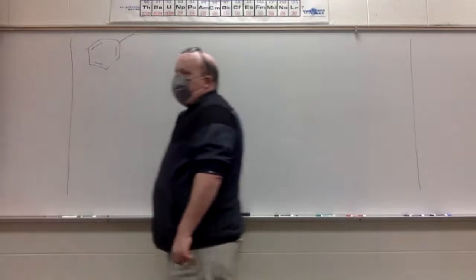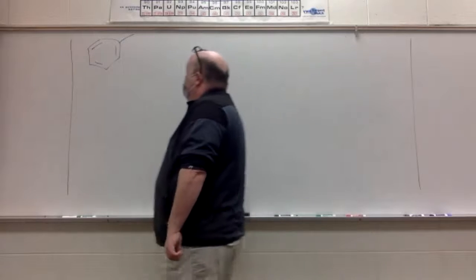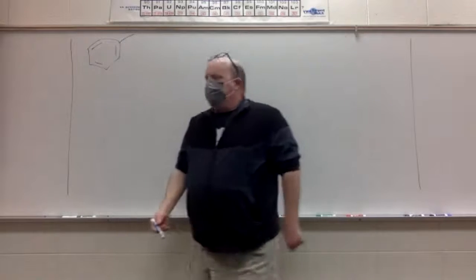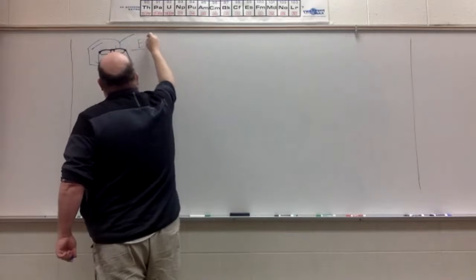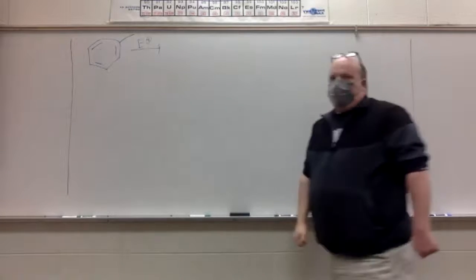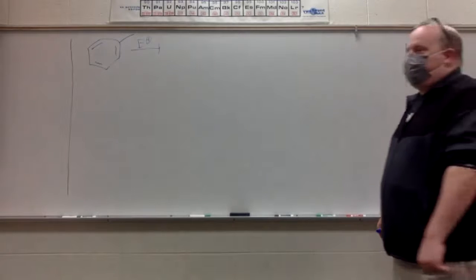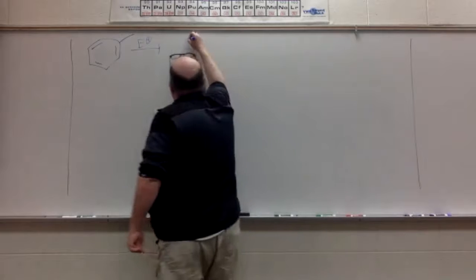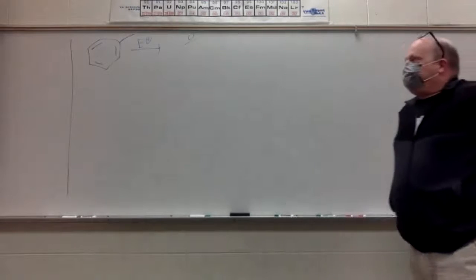Let's try toluene. All right. So what we would want to do is show the carbocations that would be made once that E+, that electrophile, attacked. So like I said, we're going to do this for ortho, meta, and para.